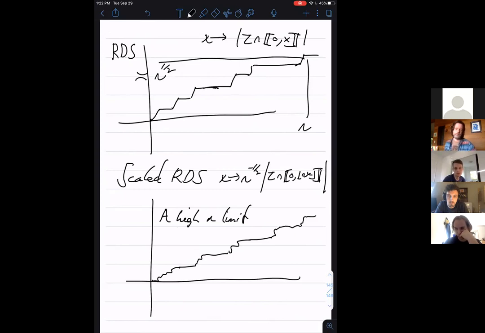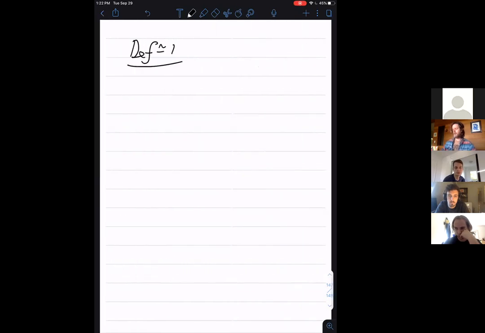In law, in some appropriate topology, settling down to, in this case, the Brownian local time distribution function. So this is what's undergirding the definitions that are coming up.